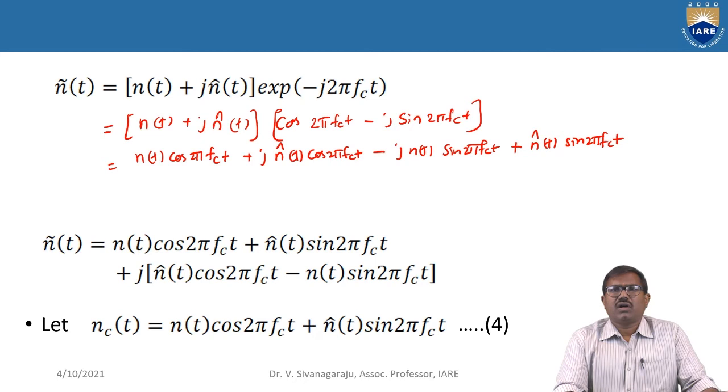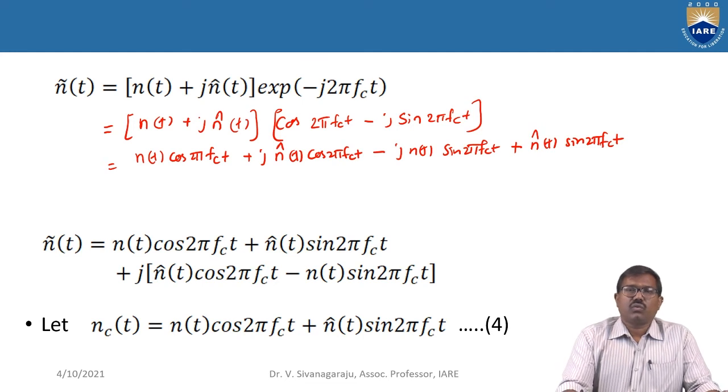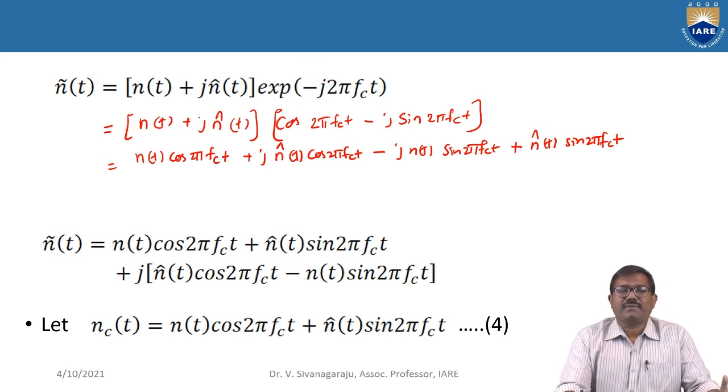Here our fourth equation is nc of t, which is equal to n of t cos 2 pi f c t plus n cap of t into sin 2 pi f c t. We are going to multiply this with the cos 2 pi f c t term.